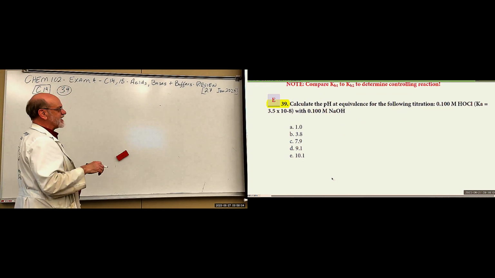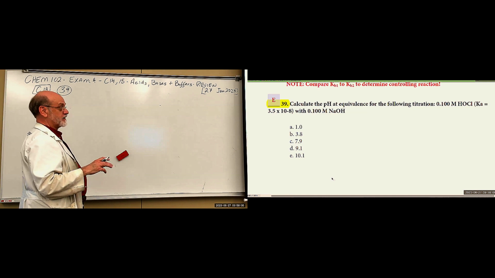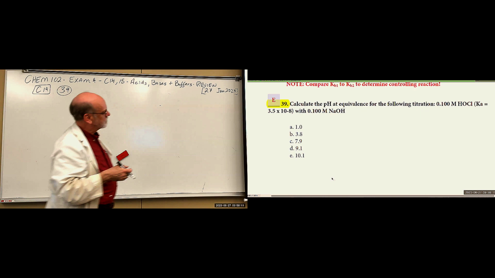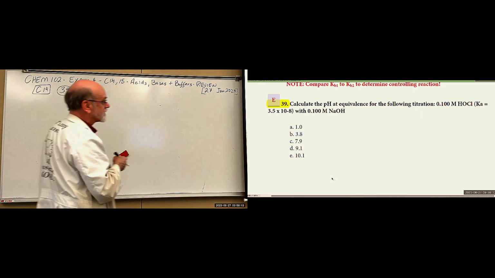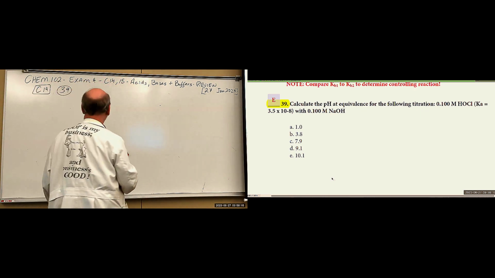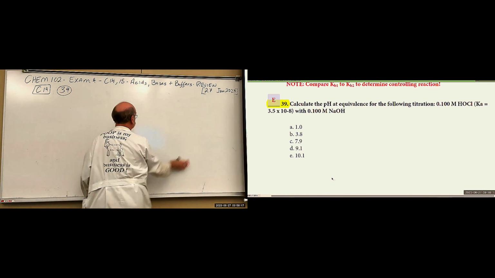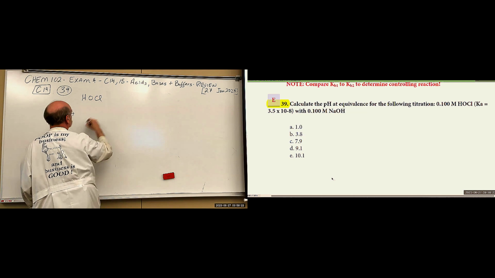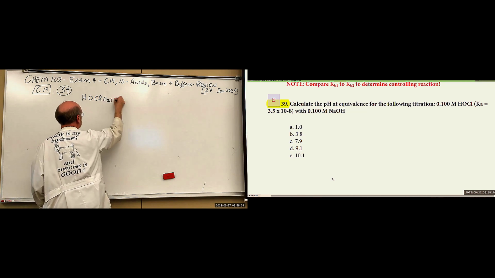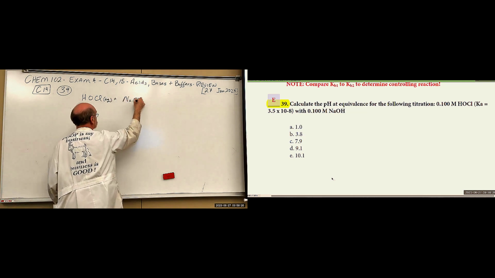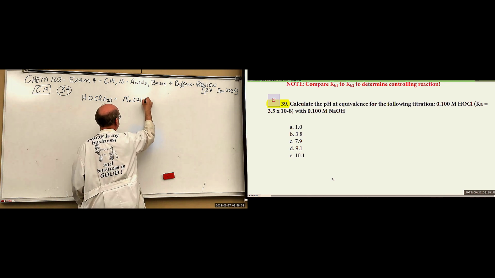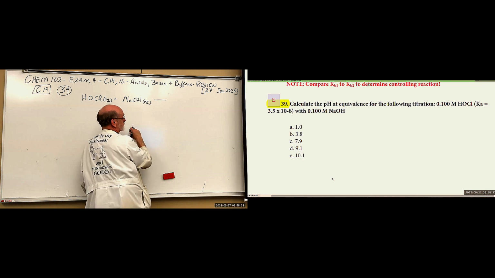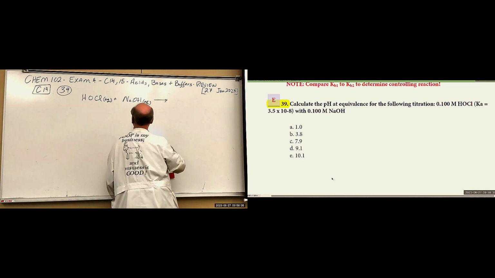What's the pH at equivalence for the following titration? So we're going to titrate hypochlorous acid with sodium hydroxide. What's the reaction? The reaction is hypochlorous acid plus sodium hydroxide. We're going to equivalence, right? So we're going to go all the way.